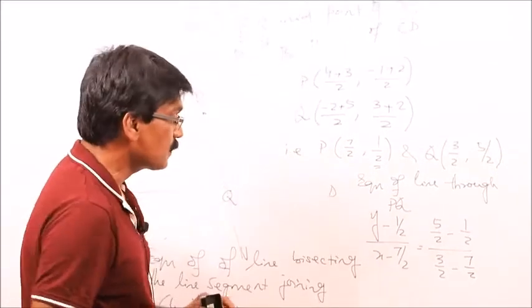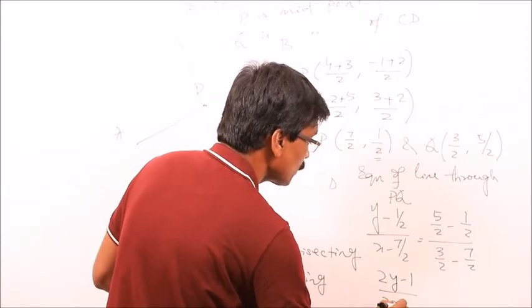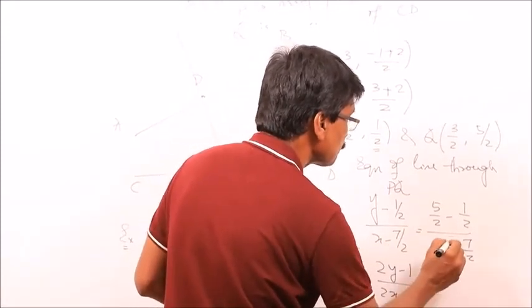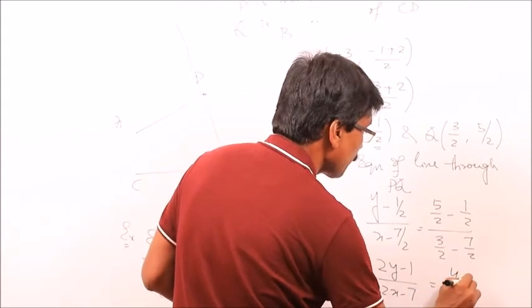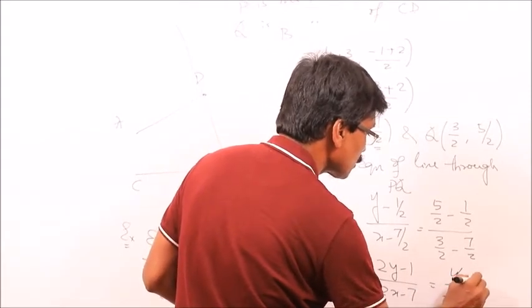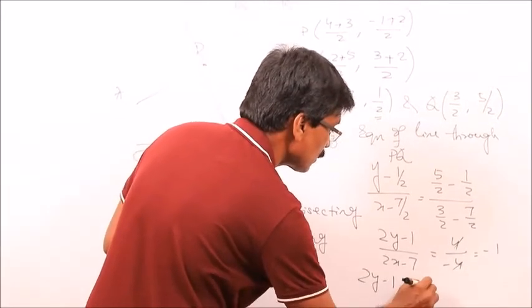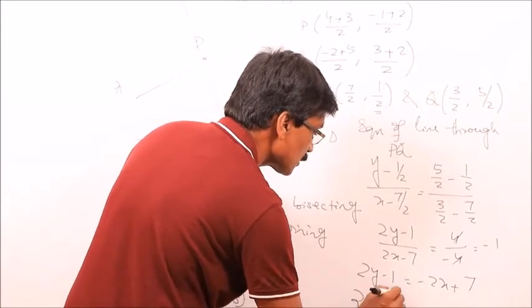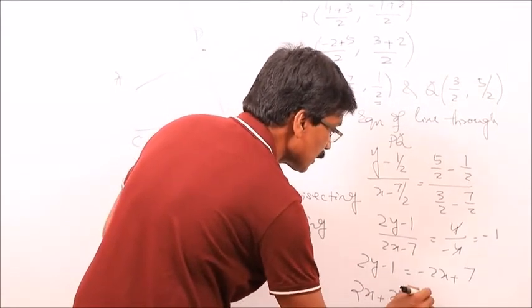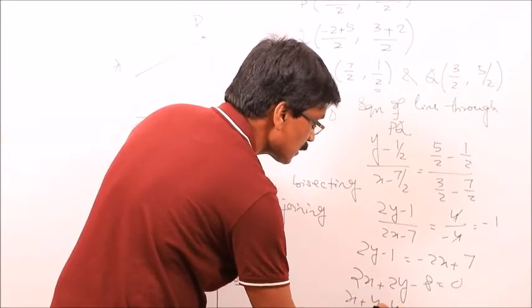So this, on simplification, gives 2y minus 1 by 2x minus 7 is equal to 4 by minus 4, that is minus 1. So that is 2y minus 1 is equal to minus 2x plus 7, that is 2x plus 2y minus 8 is equal to 0, or x plus y minus 4 is equal to 0.